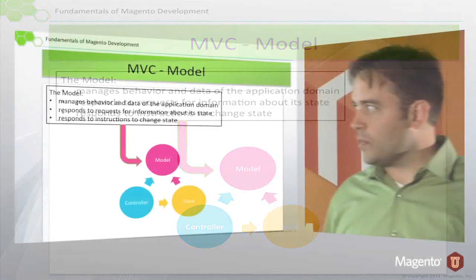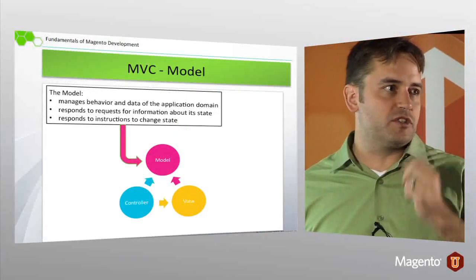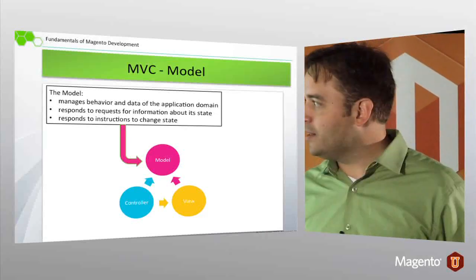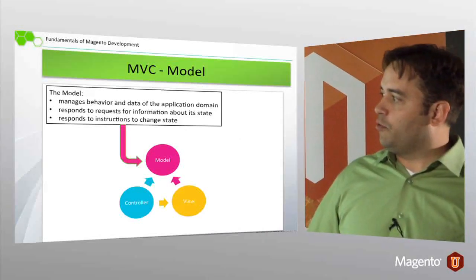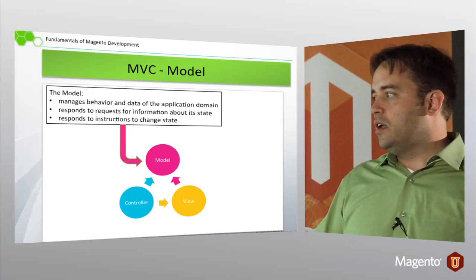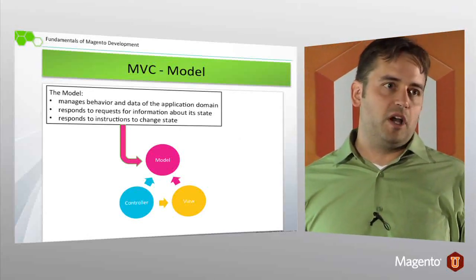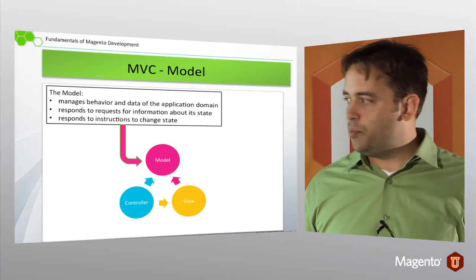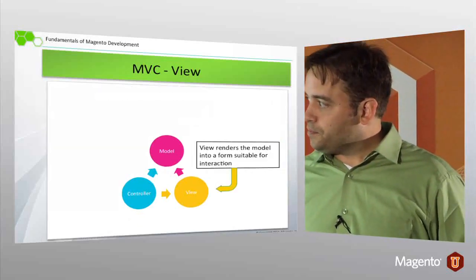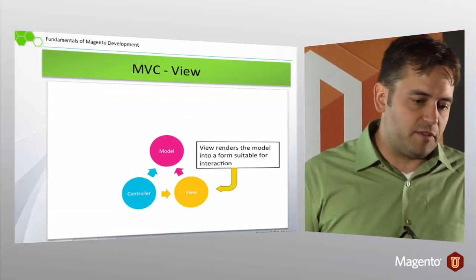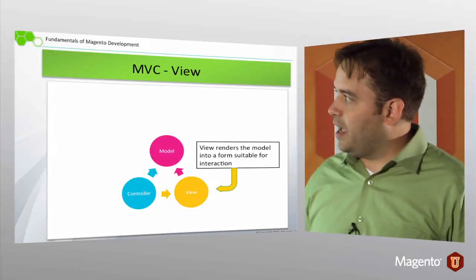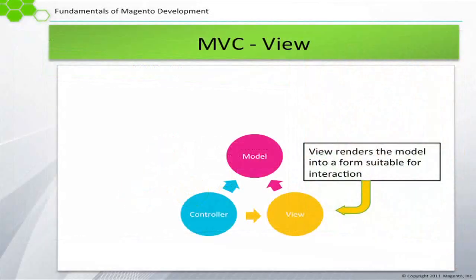So model actually has a few different layers in Magento, and of course we'll touch on all of that. But the thing to remember here for MVC and Magento is that the request hits the controller, then the controller, through layout XML or directly in the controller, we'll show you both ways, the blocks of the view are called into scope, and they will set up the models that they need.